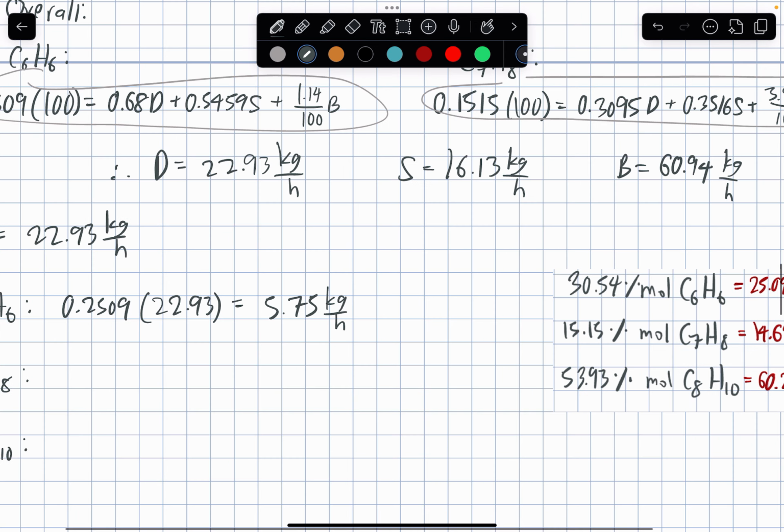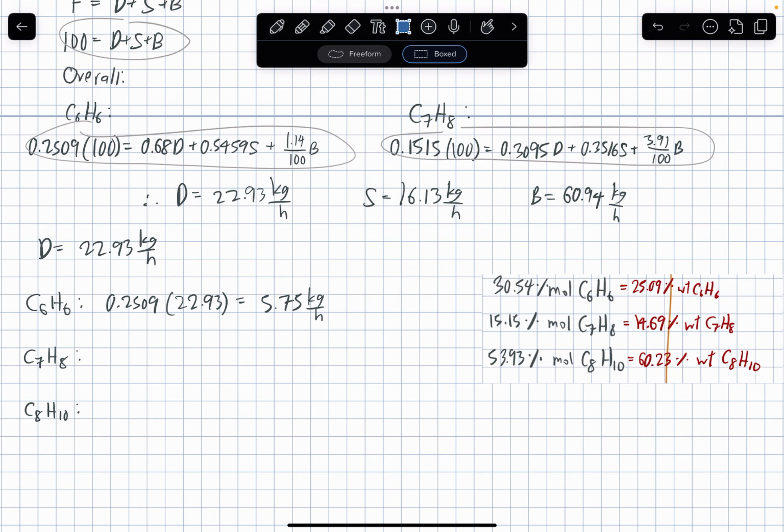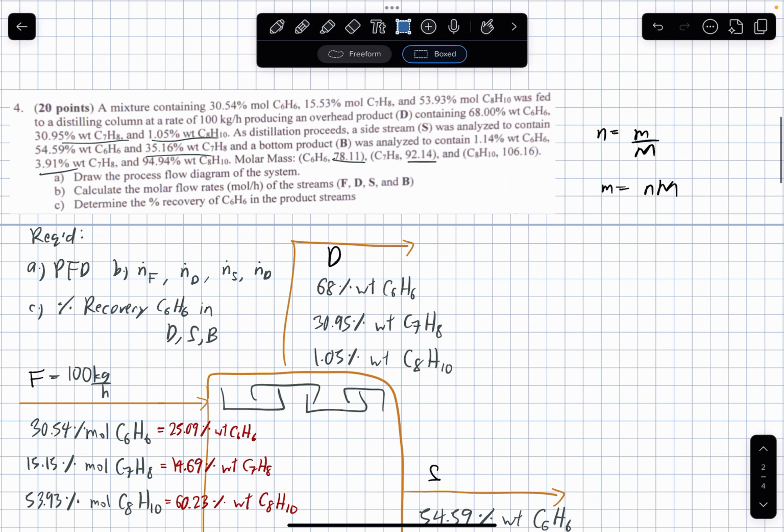After that, we want to convert this into moles, no? I think we are gonna make use of our molar mass.